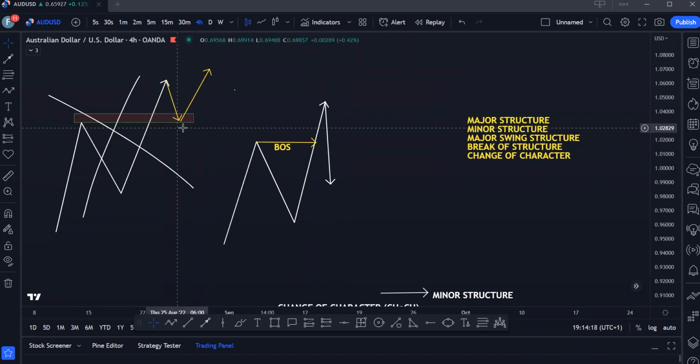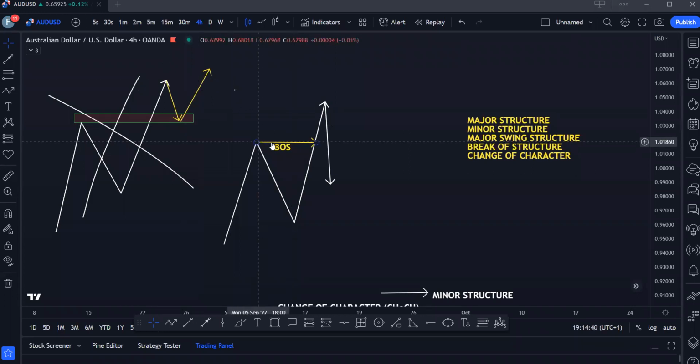People's stop loss will be here. In our next class, we'll talk about liquidity, and you will know how the market makers take out stop loss and why they take out stop loss, and how you can take your entries after liquidity grab. So you want to look out for the next class.